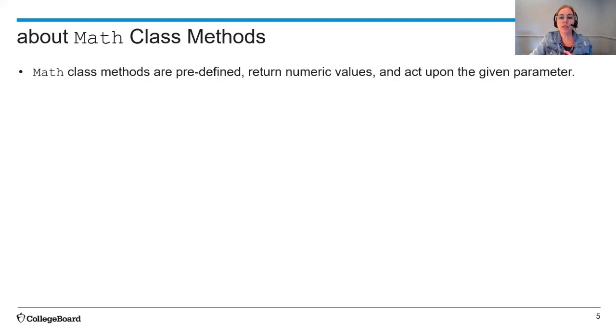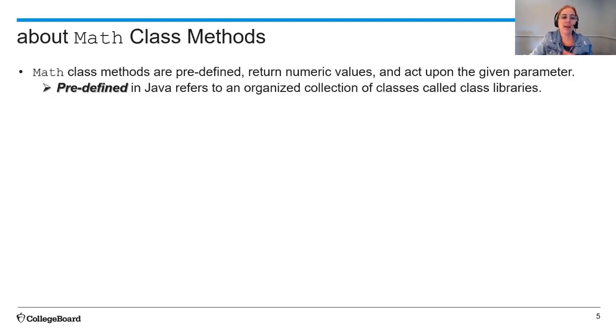Other times we may let the parameter be a variable that we insert there. Predefined means that Java has organized these methods into a collection that's a part of the library that we have as a part of the Math class.